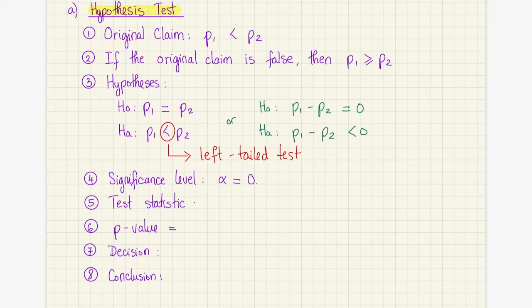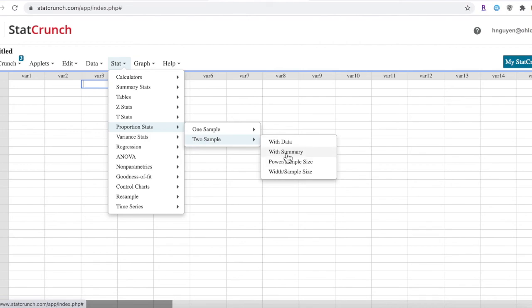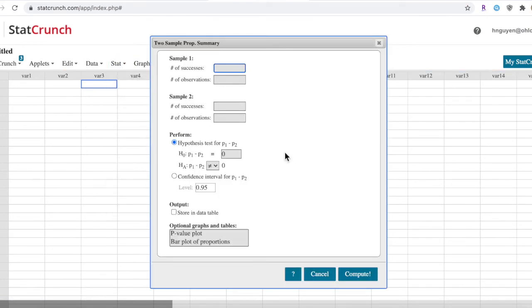Significance level is alpha equals 0.05, and I will use StatCrunch for my test statistics and my p-value. Stat, proportion stats, 2 sample with summary. X1 is 237, N1 is 2173, X2 54, N2 362.